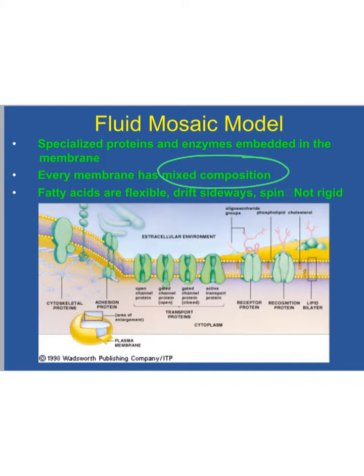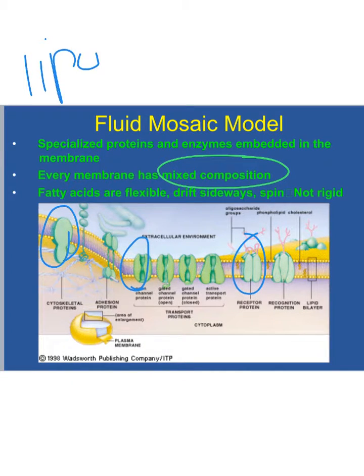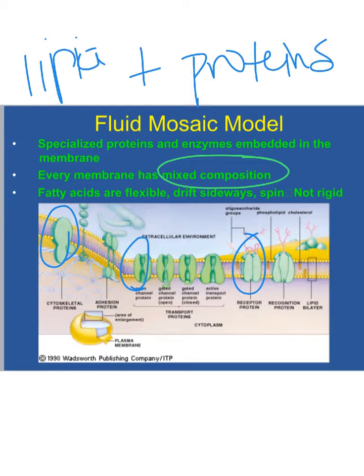Now, there are specialized proteins embedded in the phospholipid bilayer, and we'll talk about the different types. The total composition of a cell membrane consists of the lipid bilayer plus the specialized proteins.